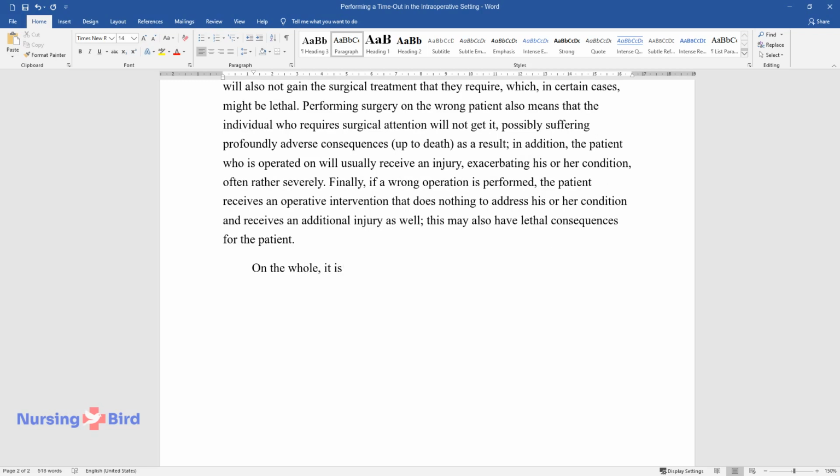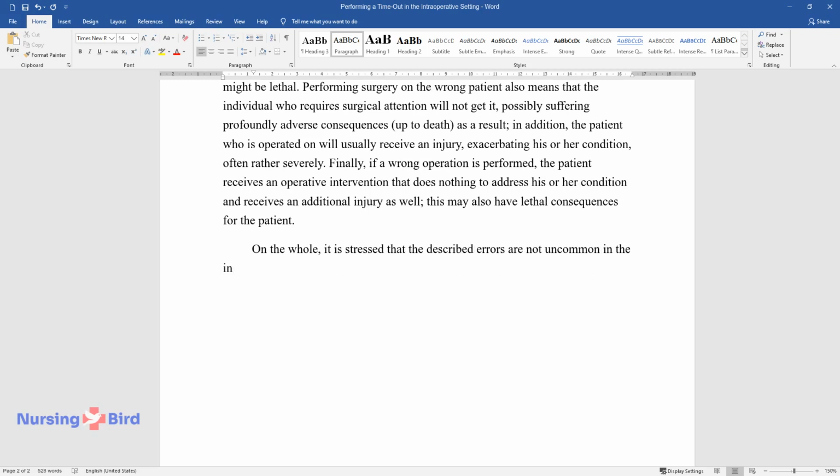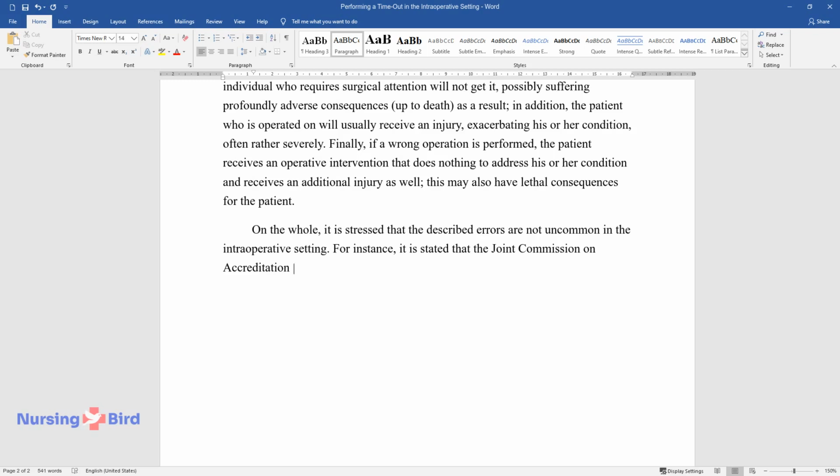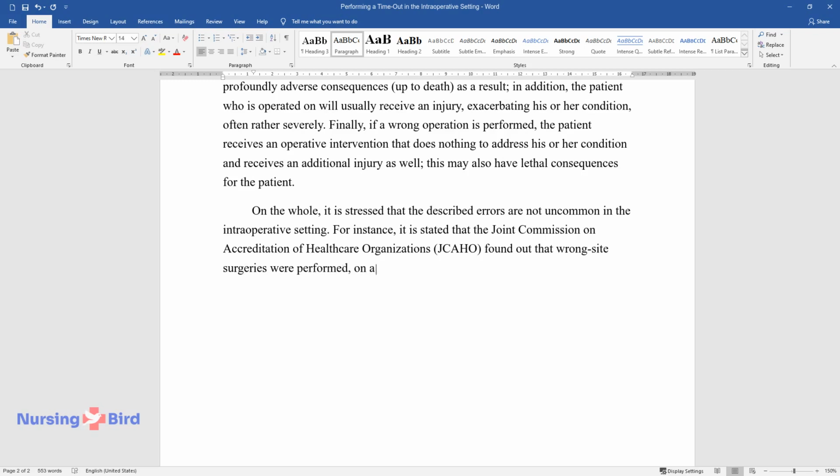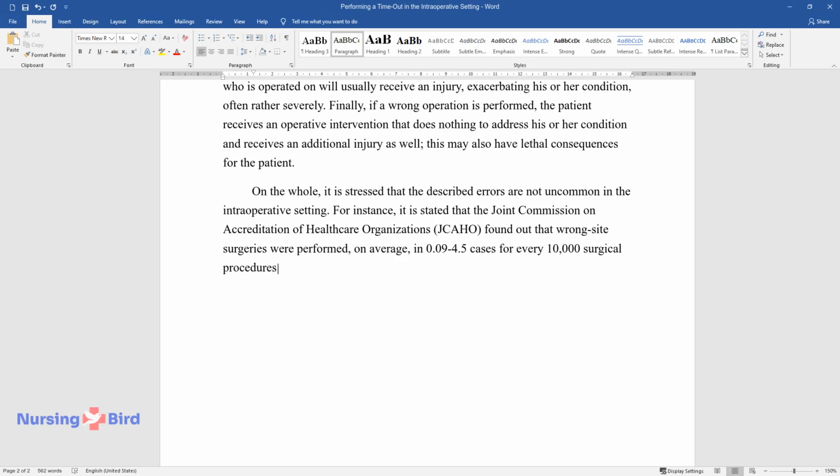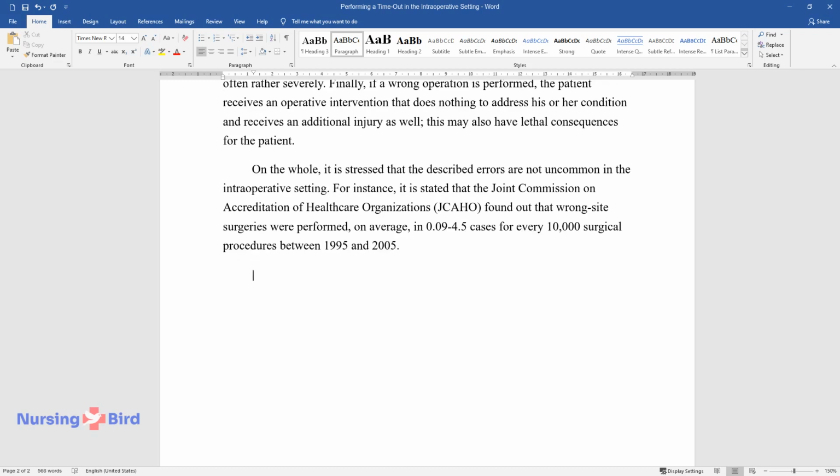On the whole, it is stressed that the described errors are not uncommon in the intraoperative setting. For instance, it is stated that the Joint Commission on Accreditation of Healthcare Organizations, JCAHO, found out that wrong site surgeries were performed, on average, in 0.09 to 4.5 cases for every 10,000 surgical procedures between 1995 and 2005.